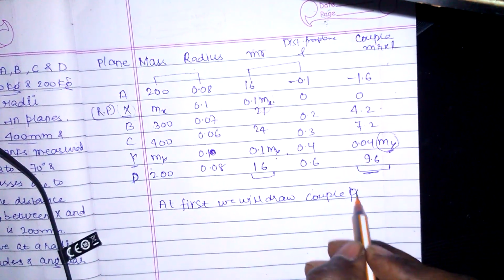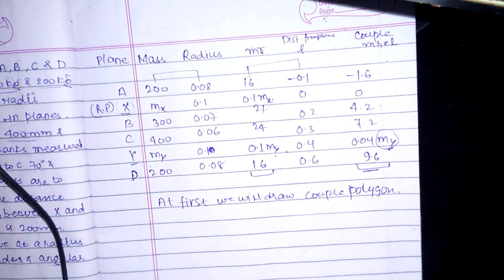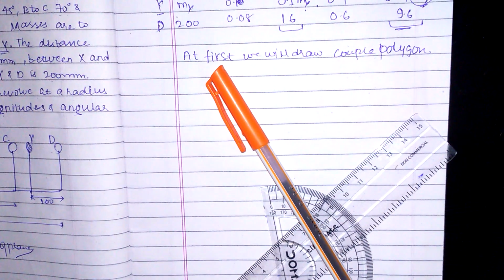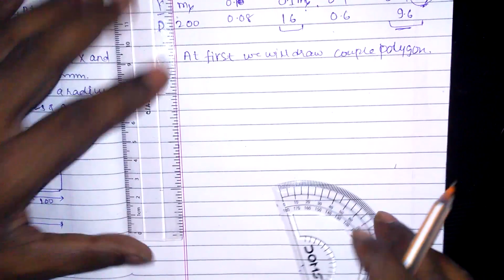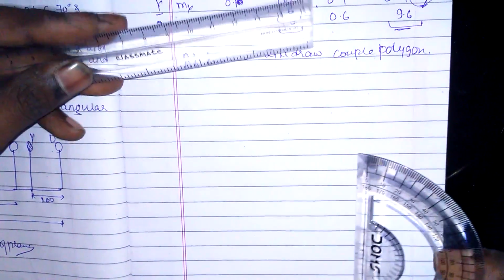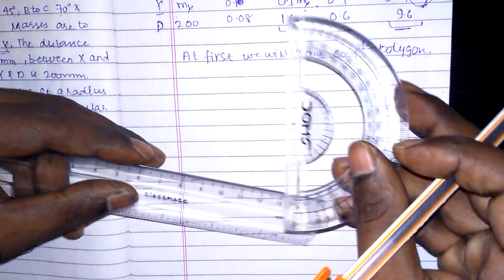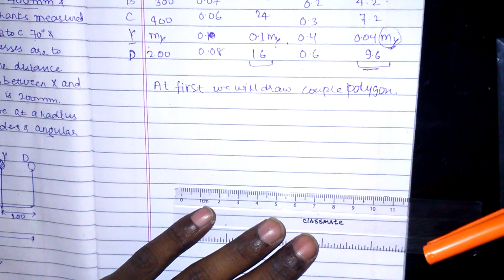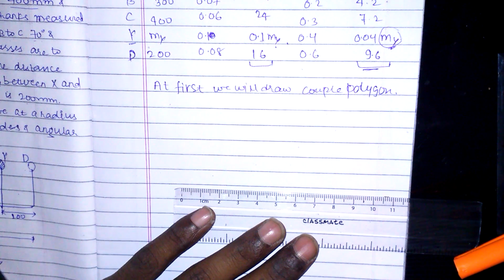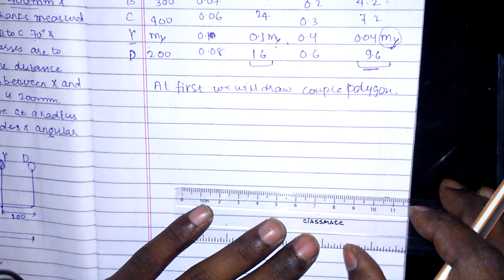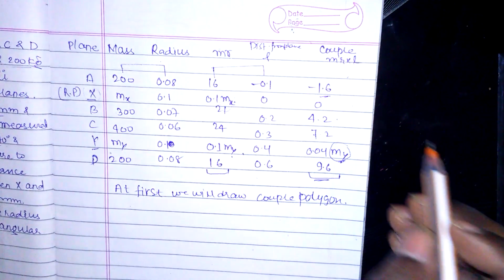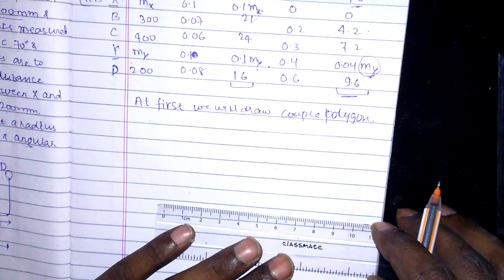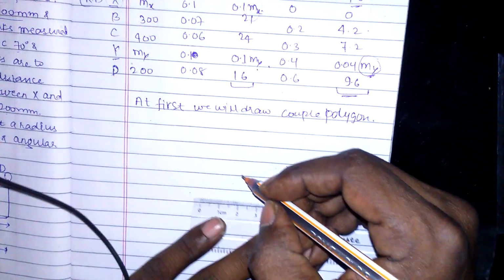So let us draw the couple polygon. For that we will take data from the table. First of all negative 1.6. You can take any scale as per your ease, so I'll take 1.6 exactly.